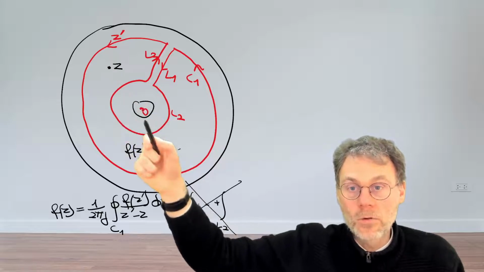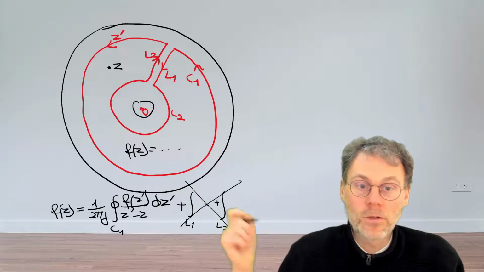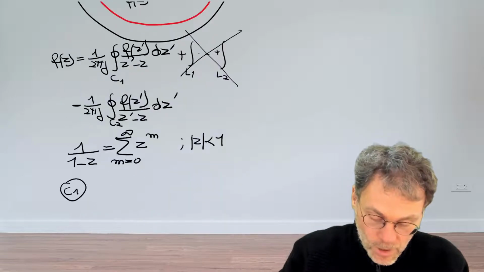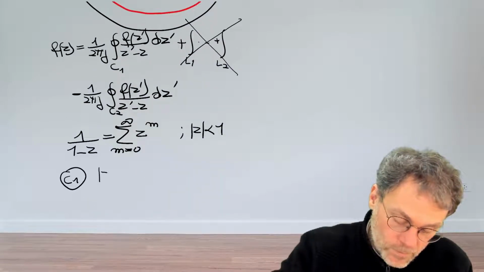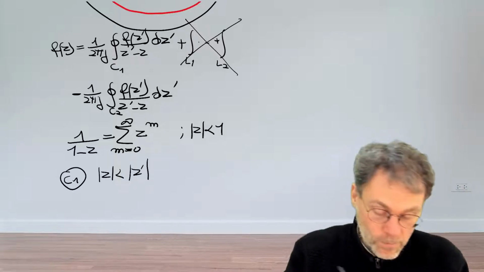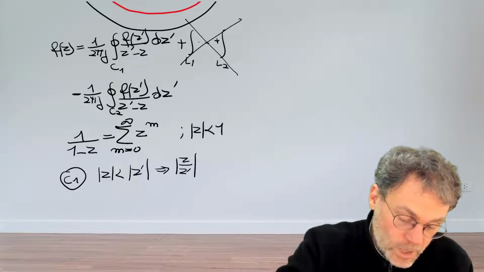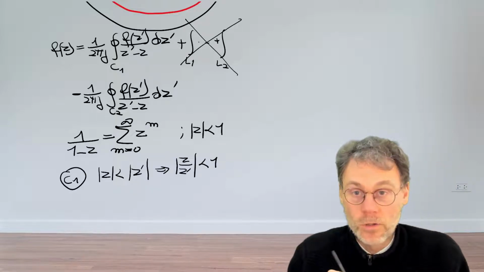So the magnitude of z is going to be smaller than the magnitude of z prime. So for C1, we have that the magnitude of z is smaller than the magnitude of z prime, which means that the magnitude of z over z prime is going to be smaller than 1.